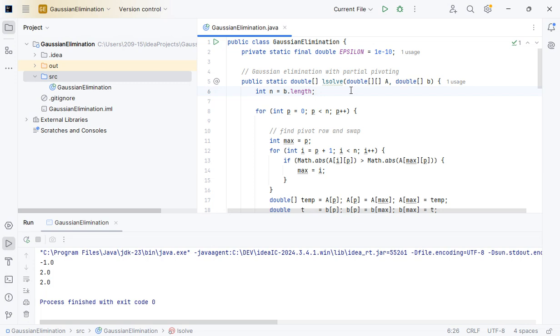What does it make? The length of the array. It defines the length of the array, because we are given the array A and the array B. We need to know how many rows we can have. This is important to understand, because sometimes it is difficult to get it.